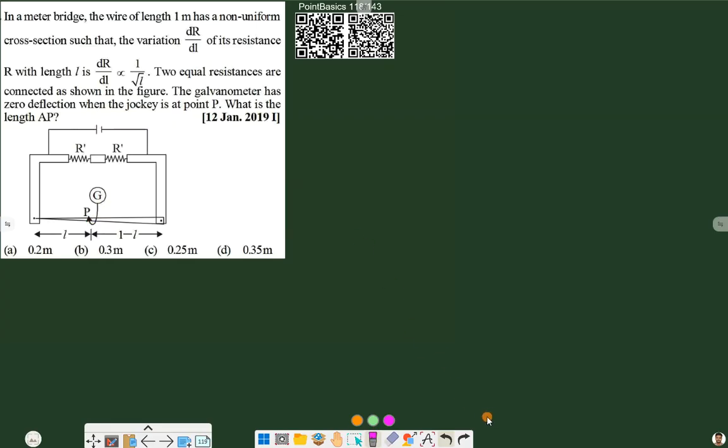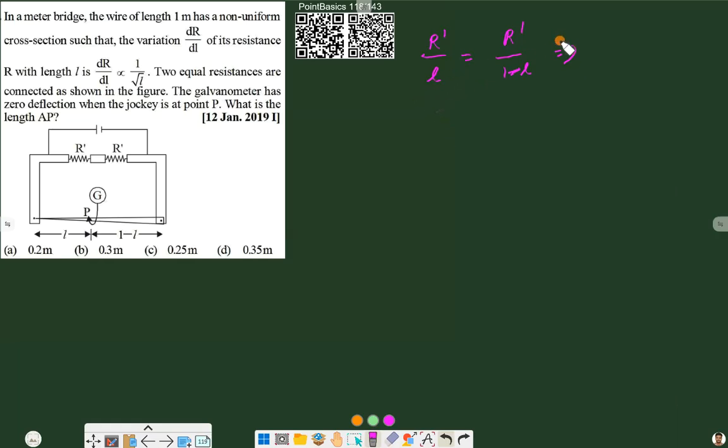As the galvanometer or this whole circuit is in balance condition, then according to the balance condition of the Wheatstone principle, we can say R dash by L should be equal to R dash by 1 minus L. Wait a minute.